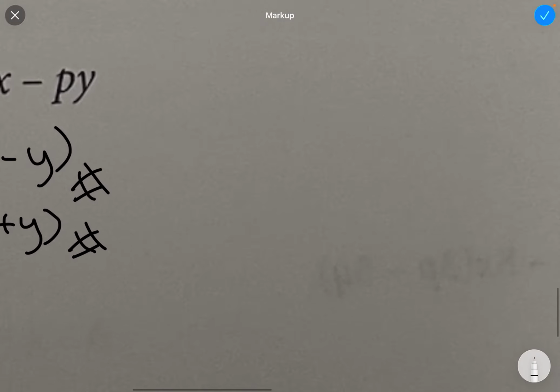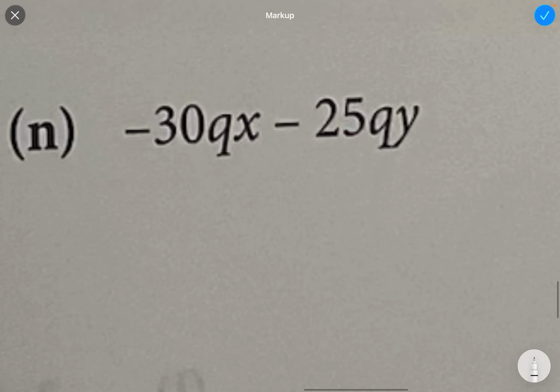Okay? Part N. Same, they want you to know that you can factorize out the negative sign. Then we look at the number. 30 and 25 both can be divided by 5, so I take out 5.